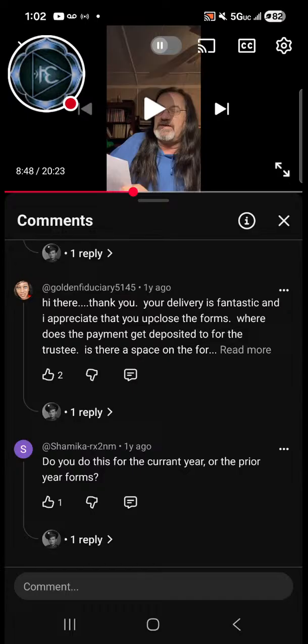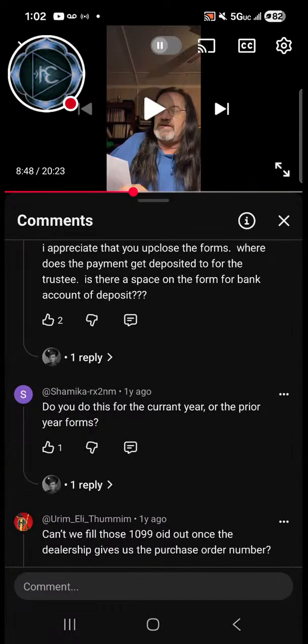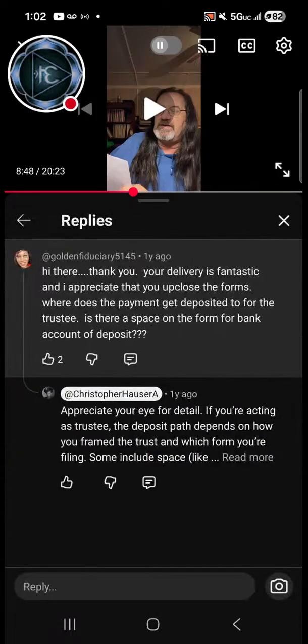Okay, that's nice. Where does the payment get deposited to for the trustee? Is there a space on the form for bank amount of deposit? Okay, he did answer that question. Let's see what he said. Appreciate your eye for details. If you're acting as trustee, the deposit path depends on how you frame the trust and which form you're filing.